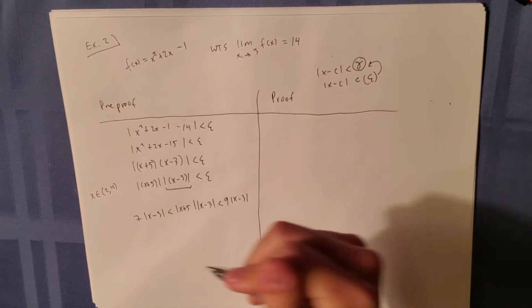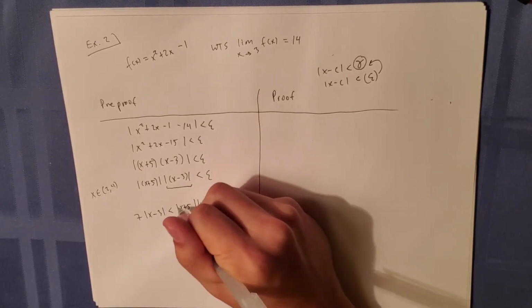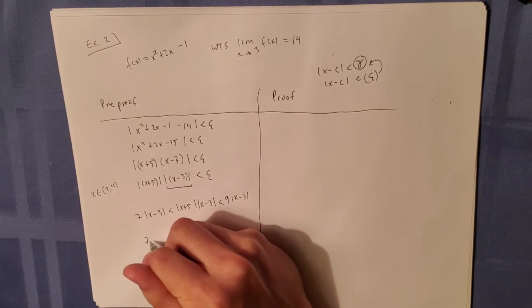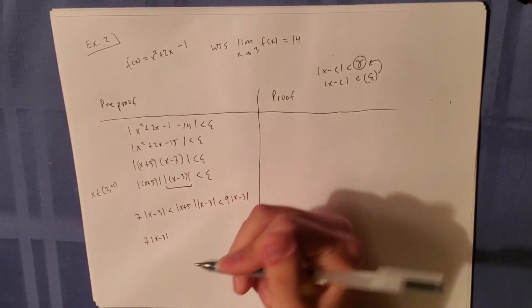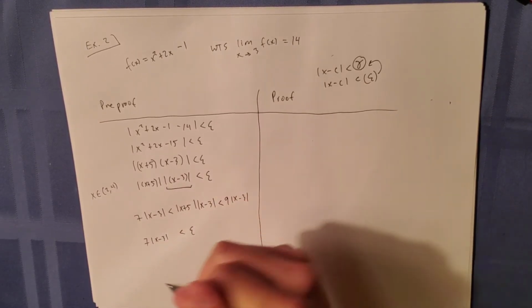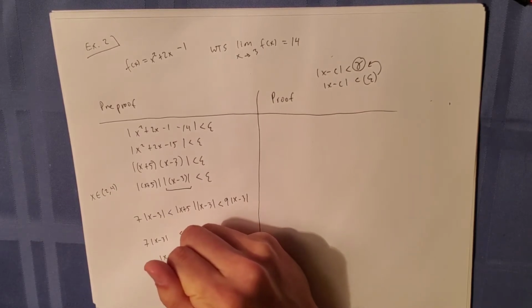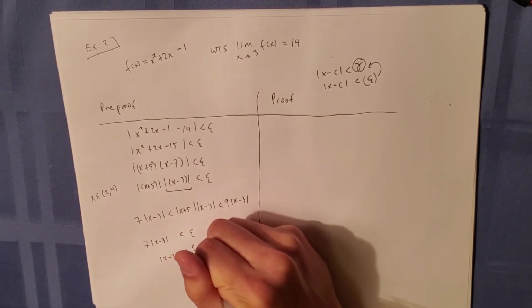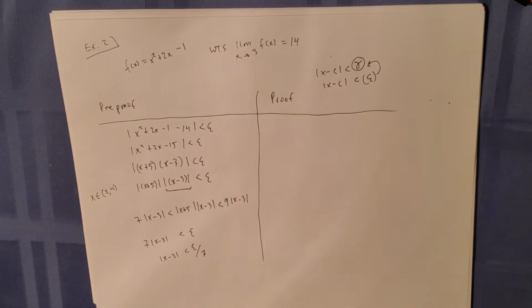Okay, and we see here by the transitive property 7 times the absolute value of x minus 3 is less than epsilon, and therefore the absolute value of x minus 3 is less than epsilon over 7.